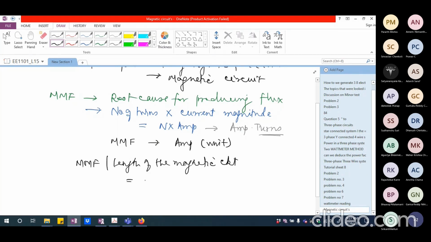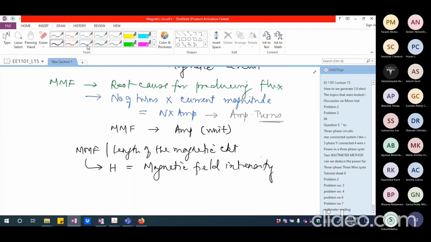That is generally known as the magnetic field intensity, which we specify by H. The unit for this is going to be ampere turn per meter, or ampere per meter to be specific.